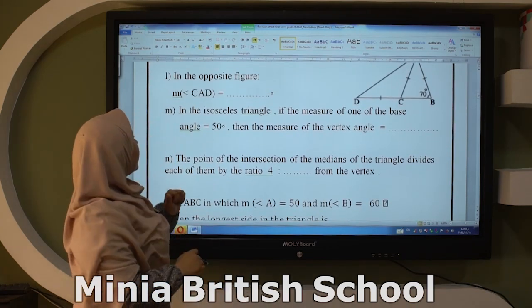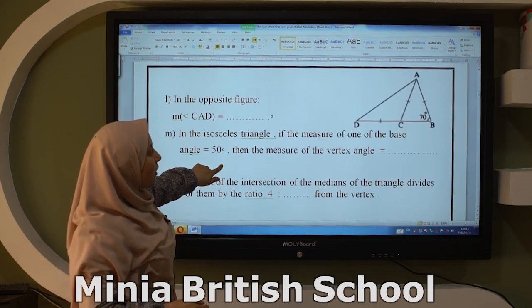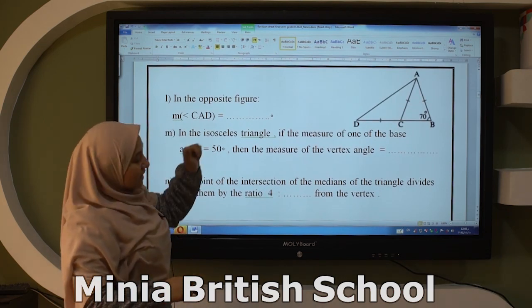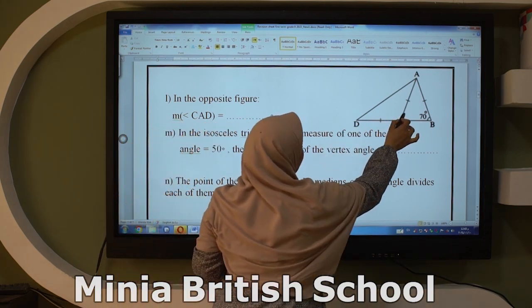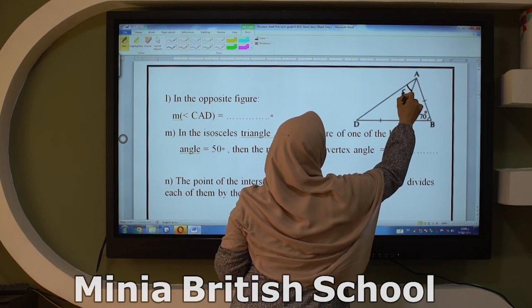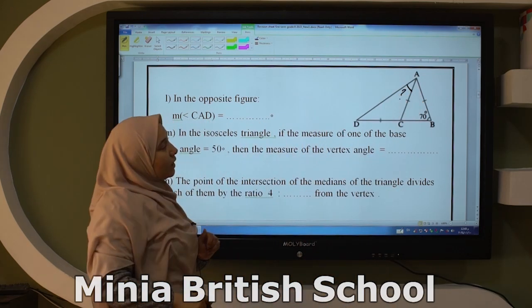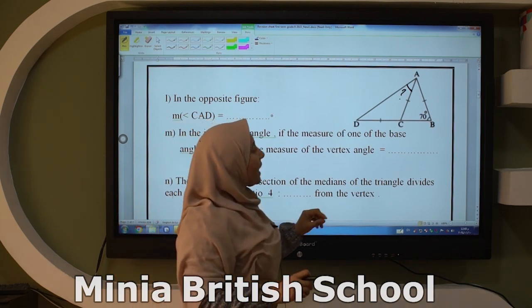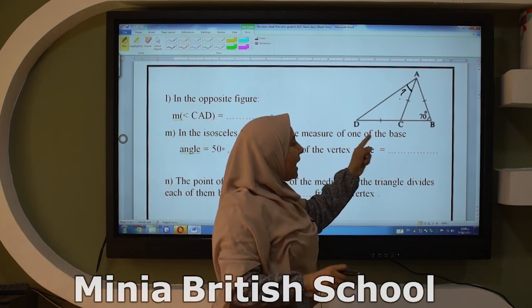Letter L, in the opposite figure I need to find the measure of angle CAD. From the figure, I have AB equal AC.